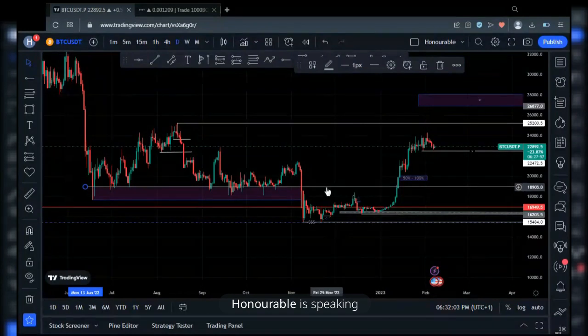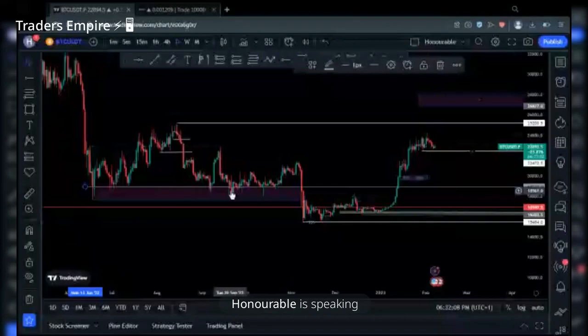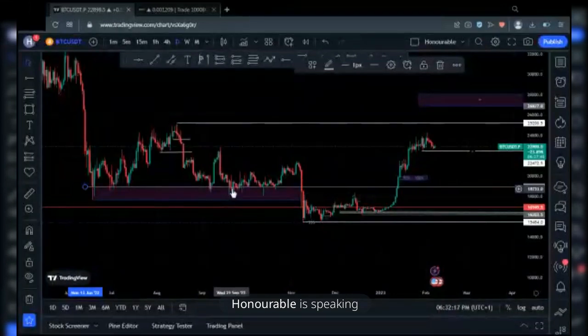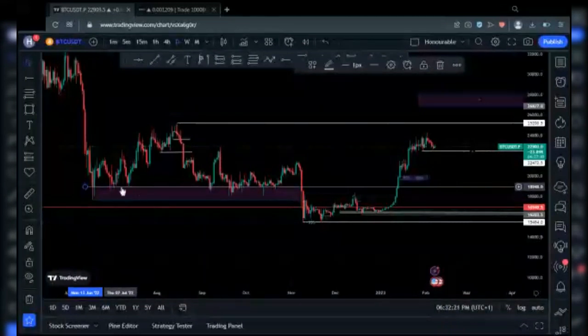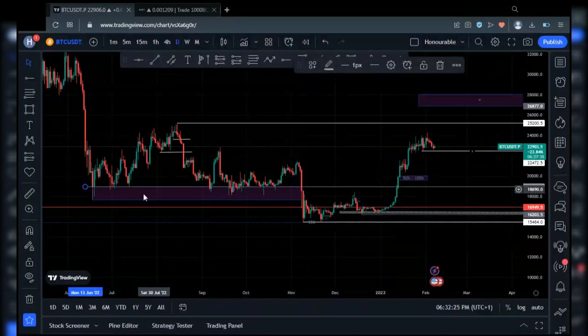Now you see when our price comes below this level and probably closes below, some traders will take this as a breakout. But meanwhile, price is still in this support zone. It's still in the zone. So if you want to trade the breakout, you might want to wait for a total breakout out of this zone.